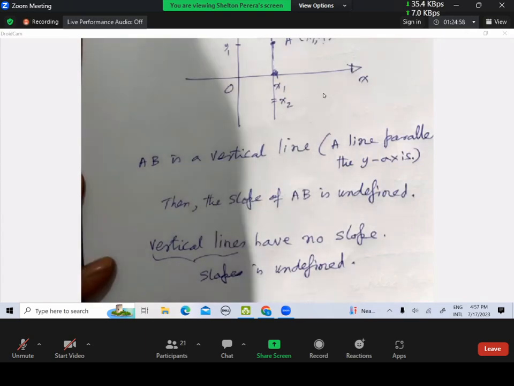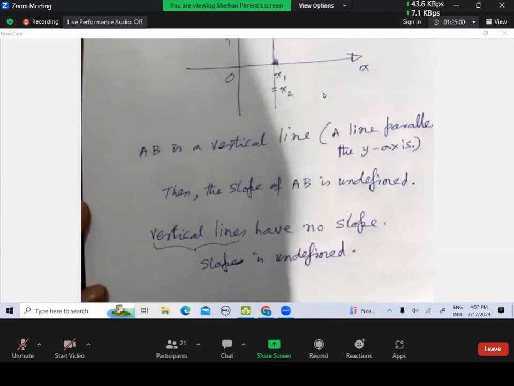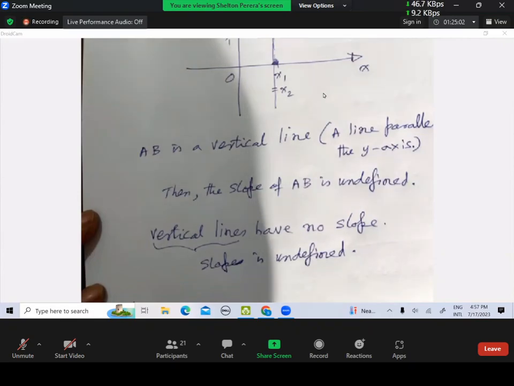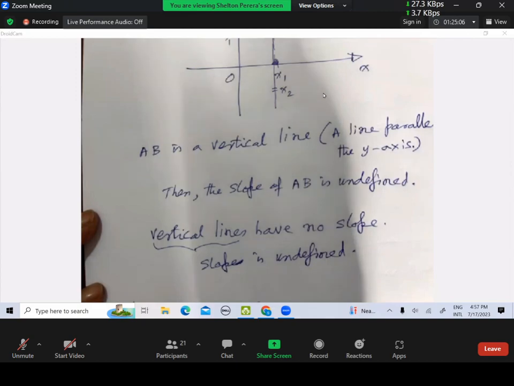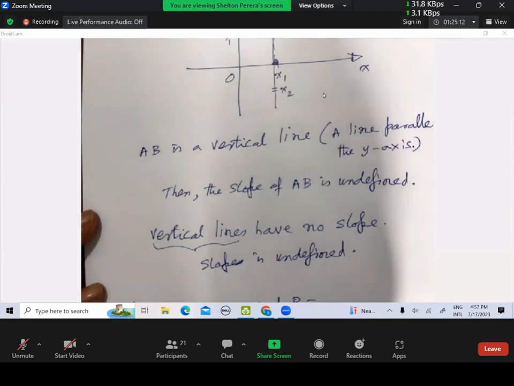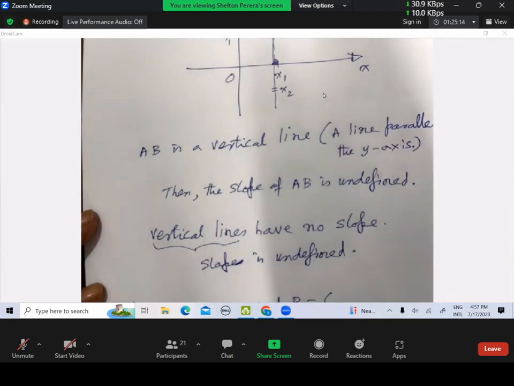So, next example, find the slope of the line joining A equals (-1, 3) and B with coordinates (-1, 4).